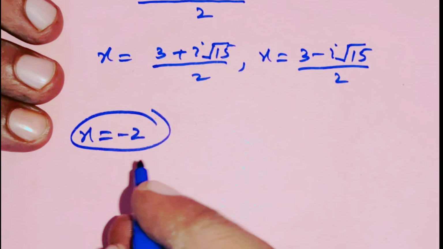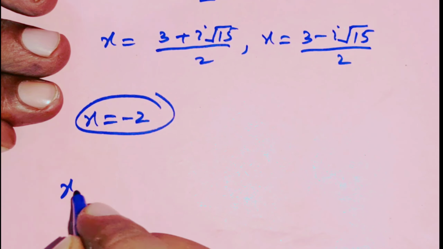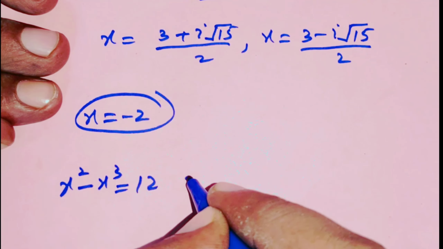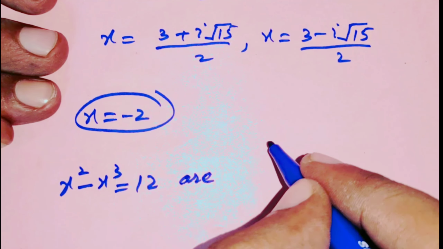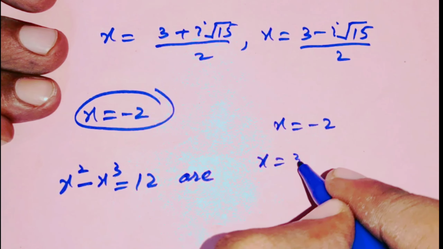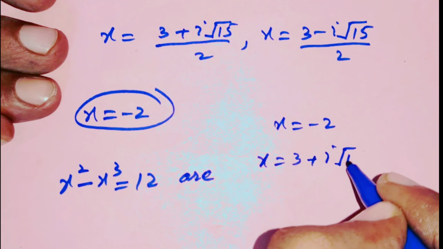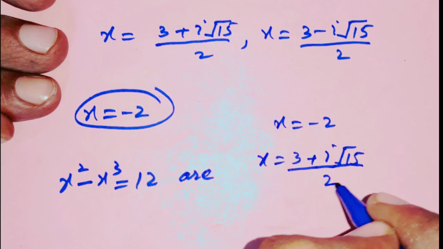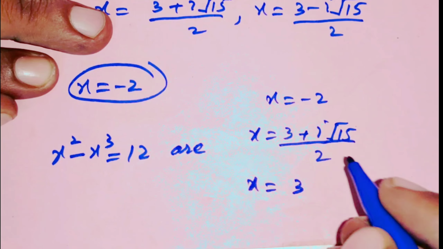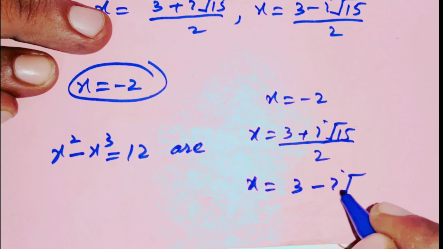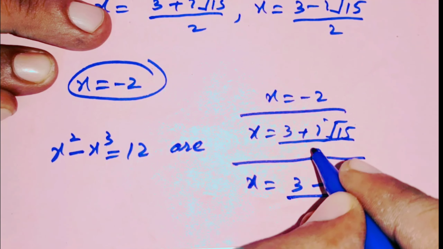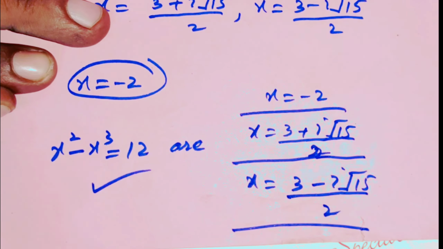So the final answers of x square minus x cube equal 12 are: number 1, x equal minus 2, number 2, x equal 3 plus iota radical 15 over 2, and number 3, x equal 3 minus iota square root of 15 over 2. So these are the final answers of this equation.